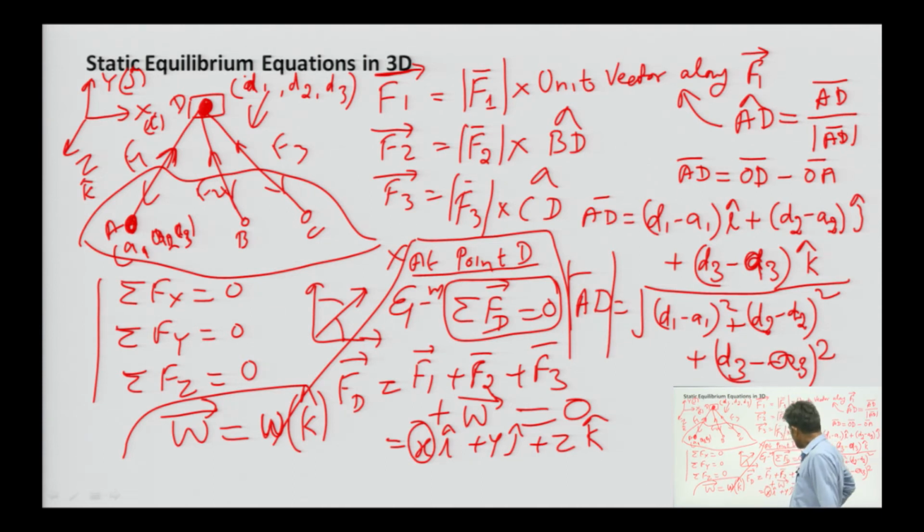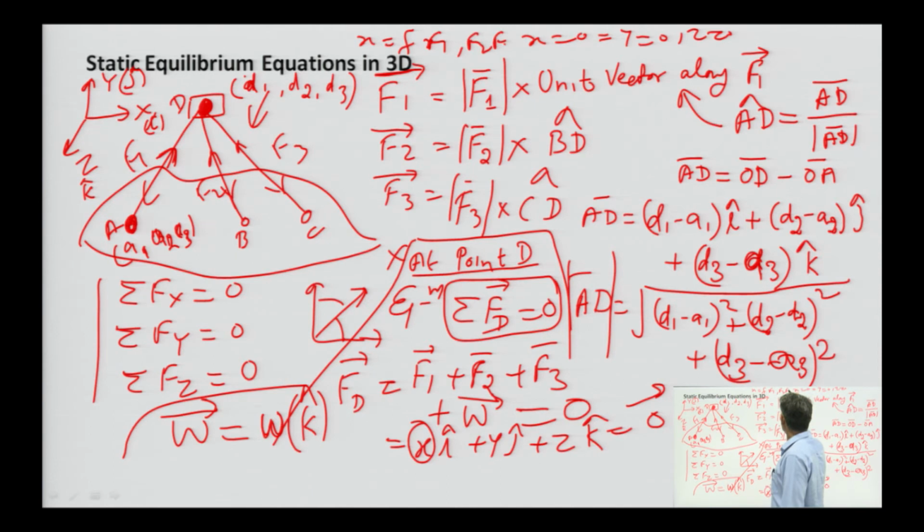Since this is vector 0, x equals 0, y equals 0, z equals 0, and x, y and z are functions of f1, f2 and f3. So by doing this procedure, we can calculate the value of forces in this tripod. So, this is the equilibrium of 3 dimensions.